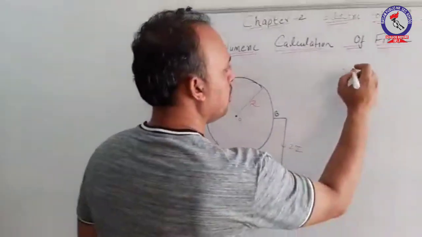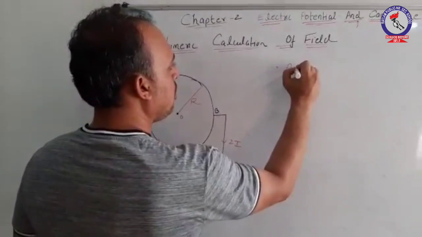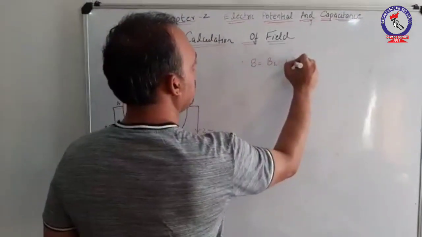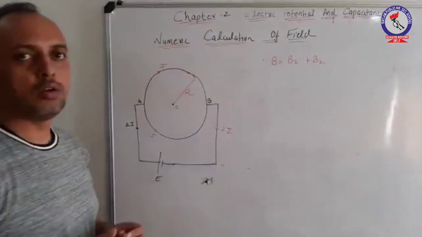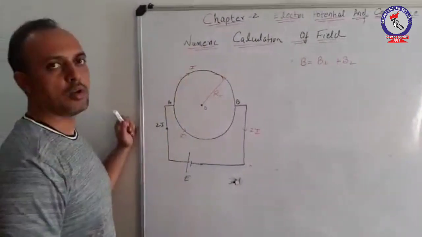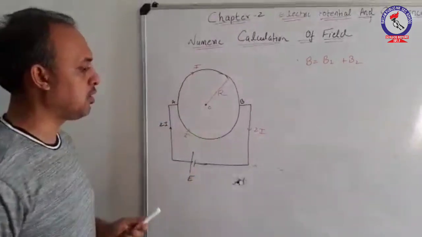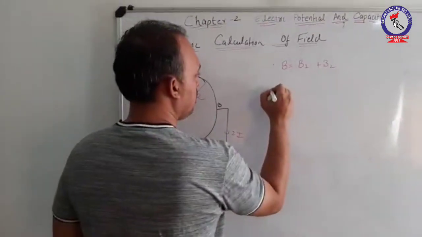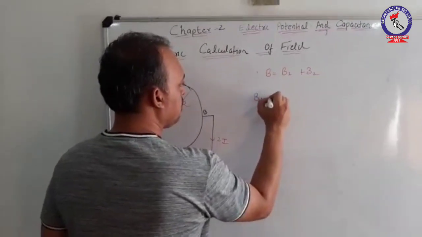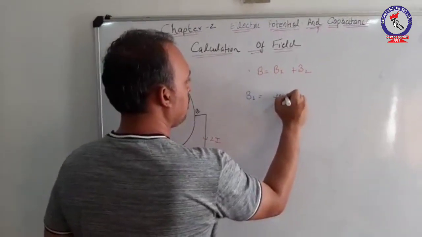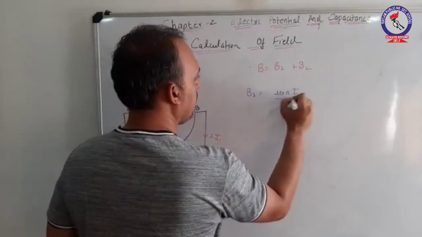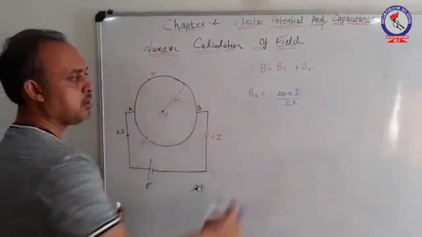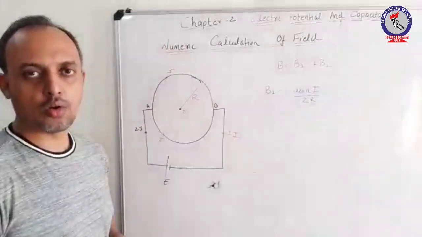Let us suppose the net field can be written as the summation of the field due to the upper semicircular coil and the lower semicircular coil. What should be the magnitude? B1 equals mu naught Ni by 2R, as this represents the field due to a circular coil.